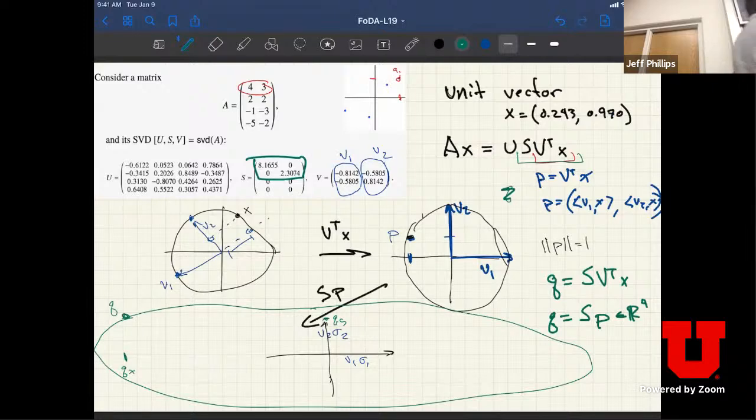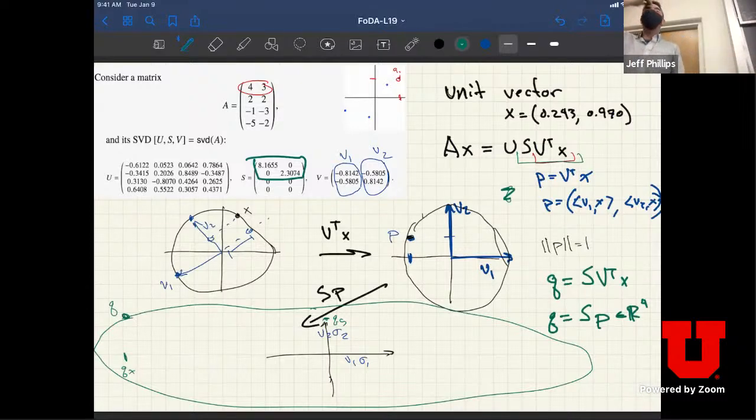The x coordinate got stretched by about a factor of 8, and the y coordinate got stretched by a factor of 2.3. So Q is now much further away from the origin. It's no longer on the unit circle. Multiplying by S has been stretching this. And so this gives me the first two coordinates of Q, right?